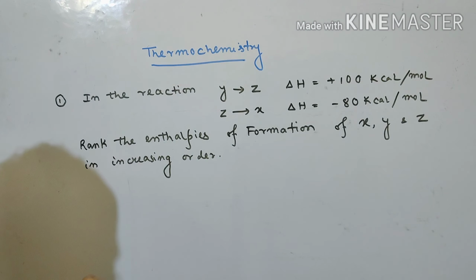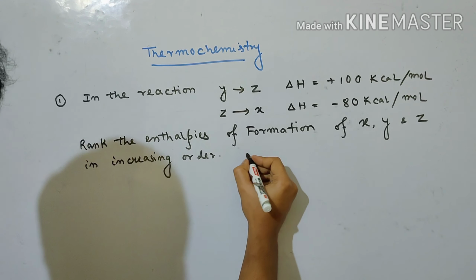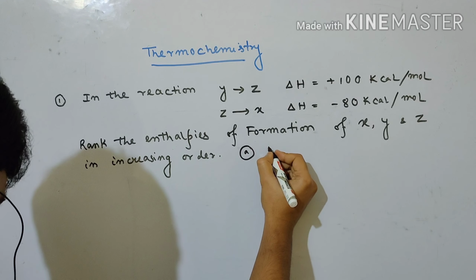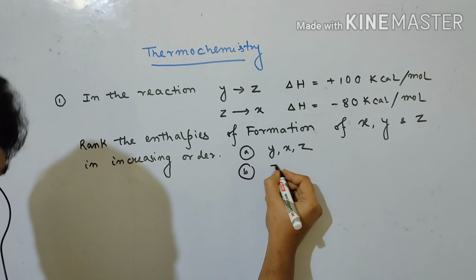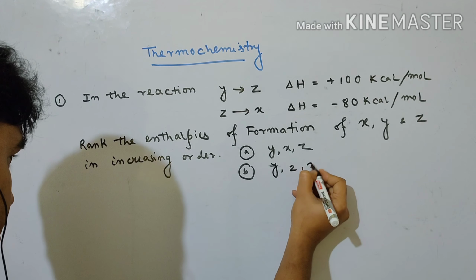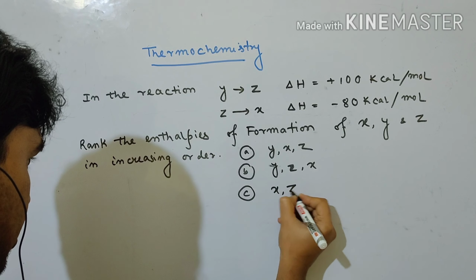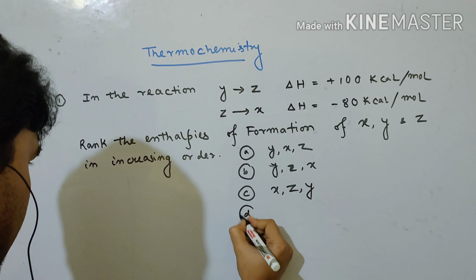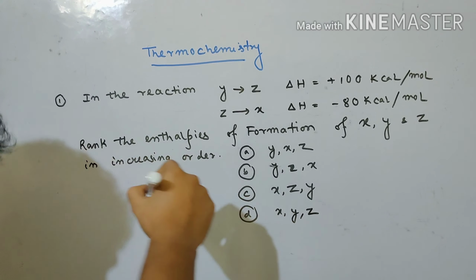There are various options given. Option A is Y, X, Z. Option B is Y, Z, X. Option C is X, Z, then Y, and option D is X, Y, Z.